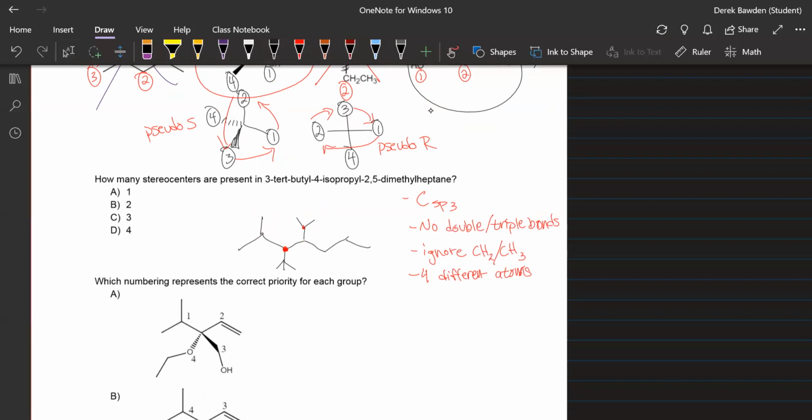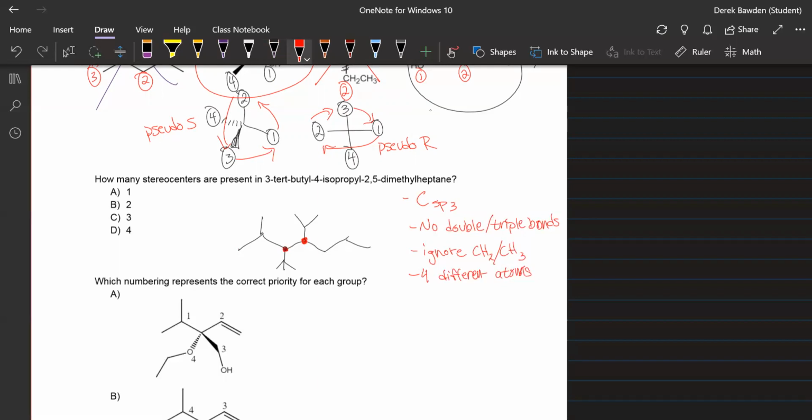All right. So we said this one is a stereocenter. Okay, how about this one? We could probably move through these a bit quicker. Yes or no? Yep. Yep, perfect. What about this one? No, right? Because we have 2 CH3 groups. Okay.